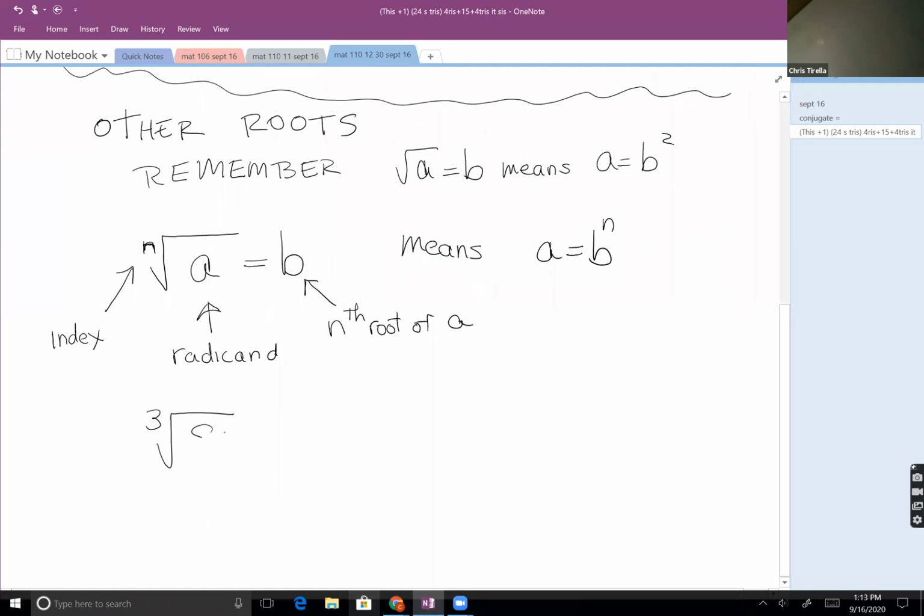If I look for the cube root of 8, I'm wondering what number I can raise to the third power and get 8 as my answer. Well, 2. 2 to the third is 2 times 2 times 2, which gives me 8. So the cube root of 8 is 2.